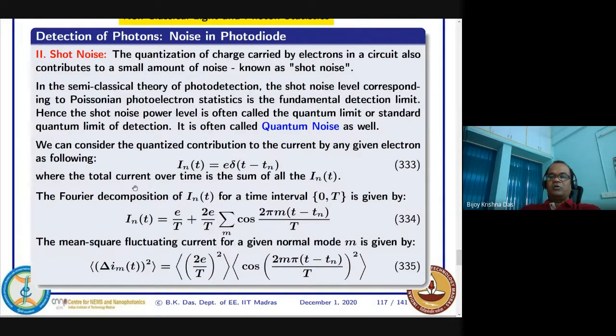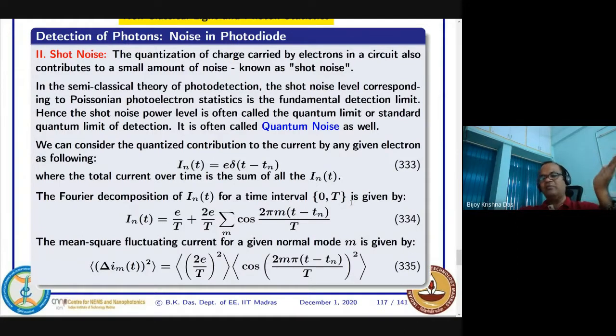The total current over time is the sum of all the In(t). Photon by photon, whatever small time instant it comes, you add all these events to get the total current. Now concentrate on only one event over the time interval from 0 to T. This event may or may not happen in that time.